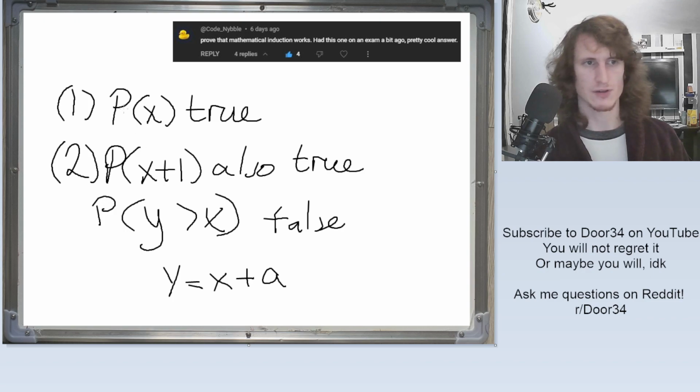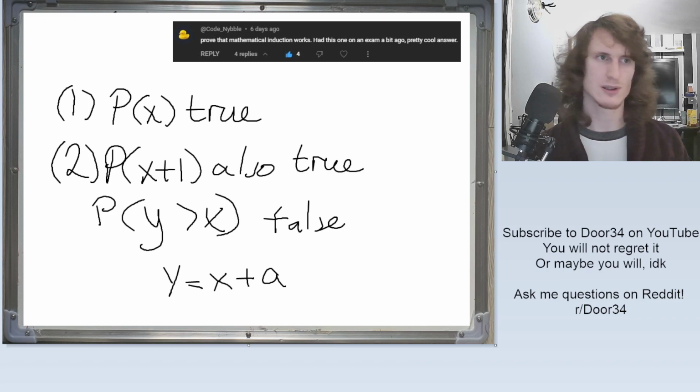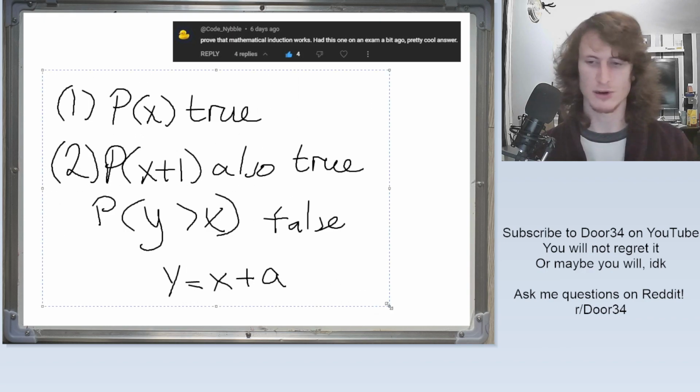Trivially from our base case, we know that this is true for x, then x plus 1 is true, then x plus 2 is true, then x plus 3 is true, and so on, and eventually you are going to reach x plus a, where a is just some integer. So the claim that there's going to be a falsehood here is just not true, so it's kind of a proof by contradiction.